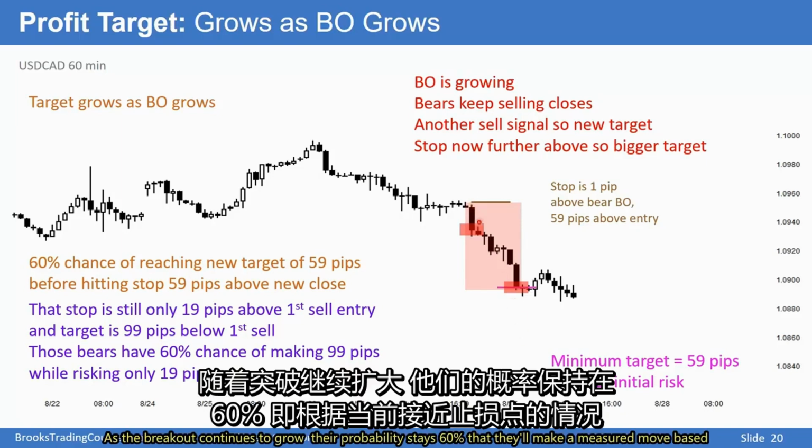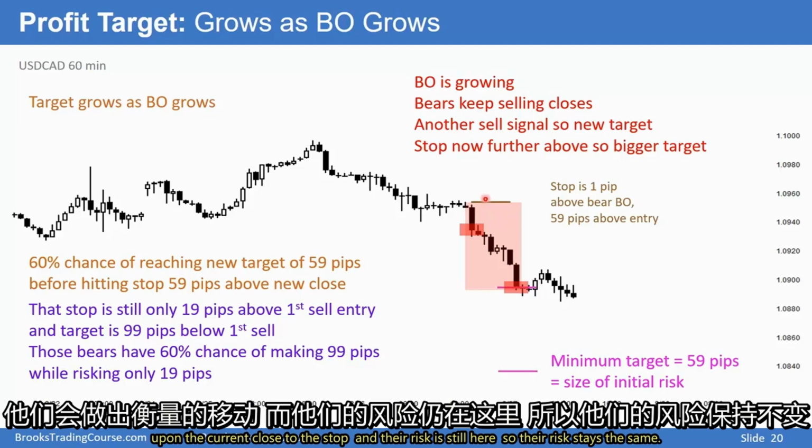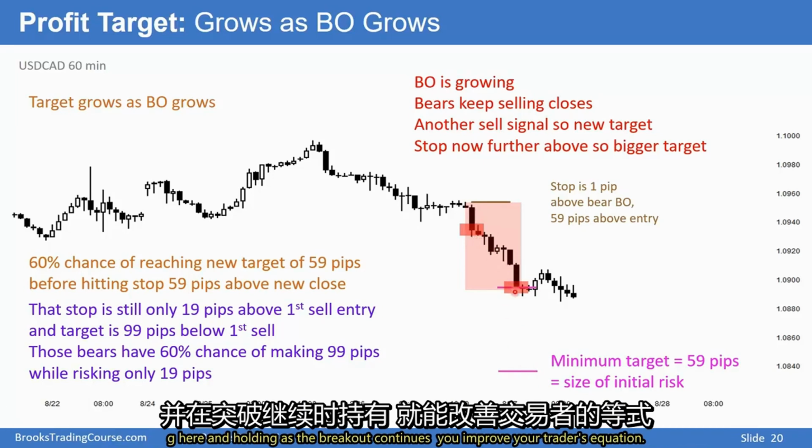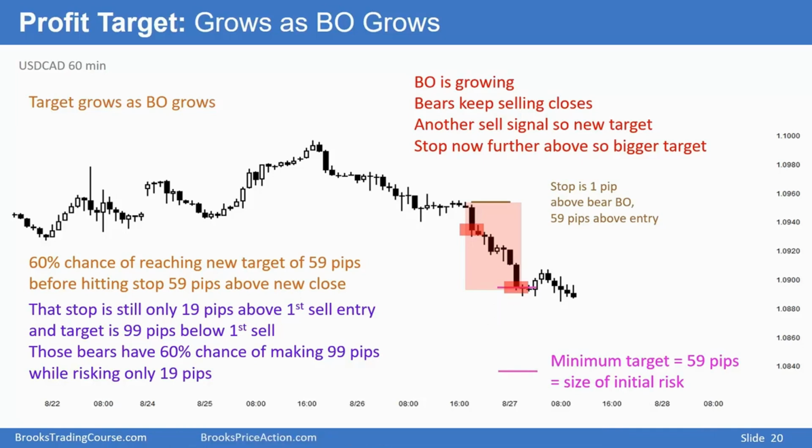As the breakout continues to grow, their probability stays 60% that they'll make a measured move based upon the current close to the stop, and their risk is still here. So their risk stays the same, the probability stays the same, but as the breakout grows, their reward gets bigger. And therefore, selling here and holding as the breakout continues, you improve your trader's equation. The math gets better.